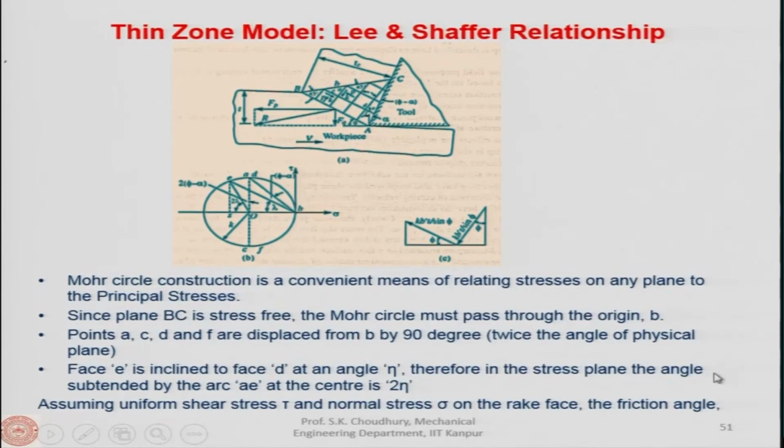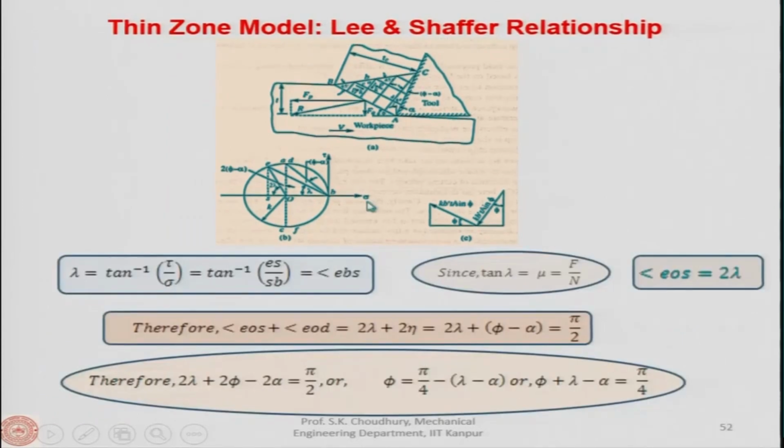Therefore, in the stress plane, the angle subtended by the arc AE will be 2 nu, which is shown here. So, assuming uniform shear stress tau and normal stress on the rake face, the friction angle can be given as tan inverse of tau divided by sigma.